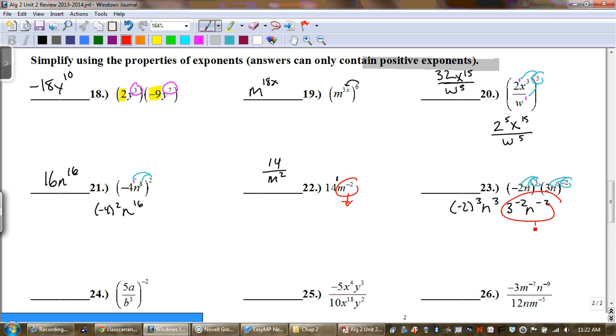So we've got some negative exponents. We're going to drop them down. 2 to the 3rd power is 8, n cubed, and then the 3 squared, n squared. So when we simplify that, we have 8. 3 squared is 9. And then with your n's, who wins, the top or the bottom? The top wins, and the top wins by 1.